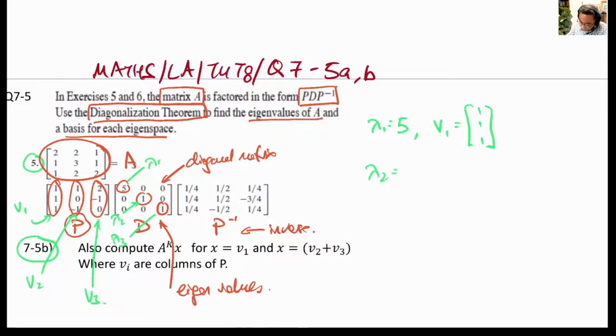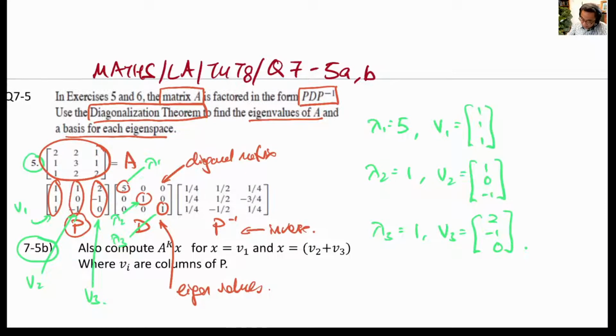Lambda 2 is 1, corresponding eigenvector is 1, 0, minus 1. And the last one, lambda 3, is also 1, and V3 is 2, minus 1, 0.